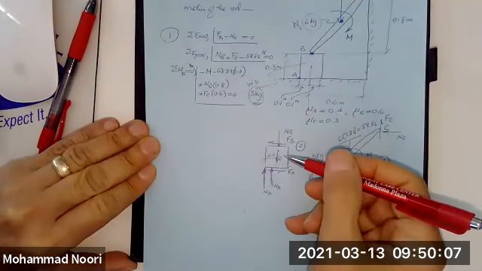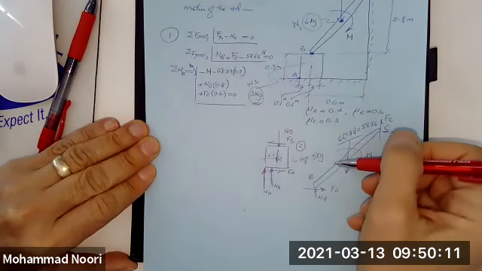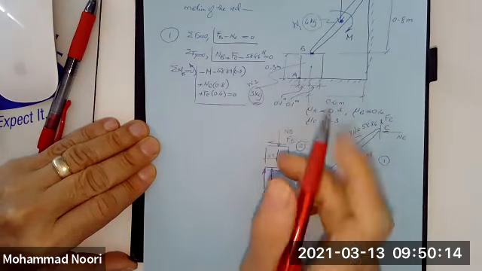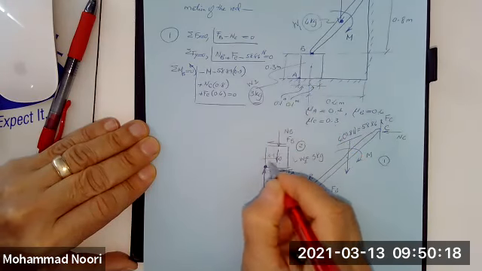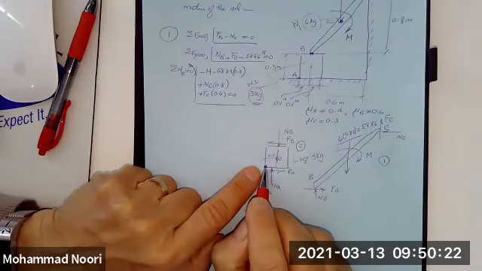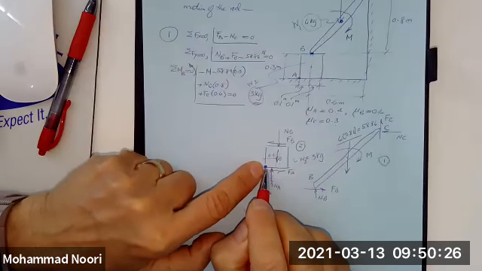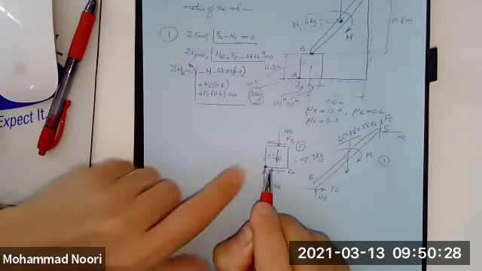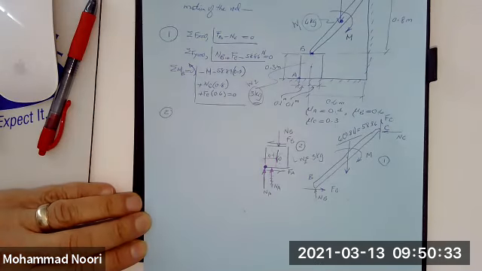Because this force is pushing it this way, this force is pushing it that way, so it may rotate. So the block at its pending motion will be just at this point sticking to the ground. That's what's going to happen.